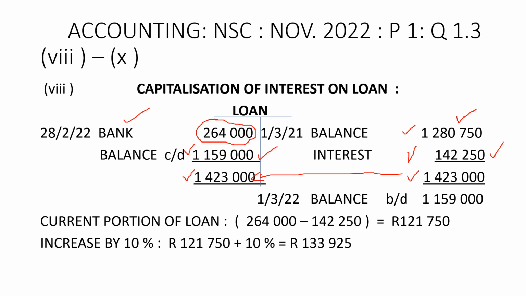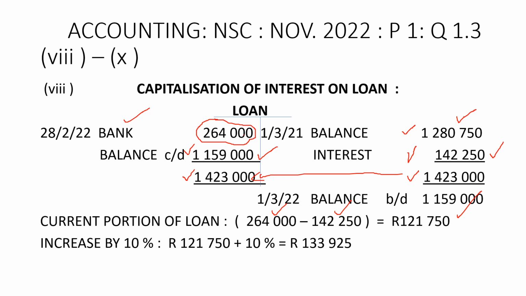So the current portion of loan, which is going to be payable in the next financial year, you'll work it out as follows. 264,000, which is your total repayments for the year, minus your interest. Remember, that is included in the monthly repayments, and that should give you the total repayment portion towards the loan for the year as 121,750.